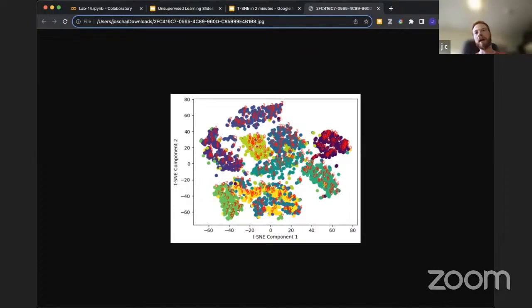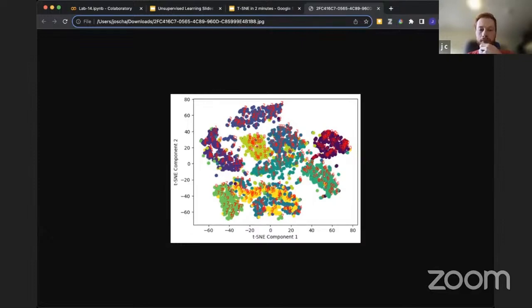Essentially, the distance they have in the high dimensional space is not as large as the distance between 9 and 8, for example, or 9 and 3. Those are apparently quite different in the high dimensional space, whereas 9 and 4 are surprisingly similar in the high dimensional space. And this information gets projected down to the low dimensional space.